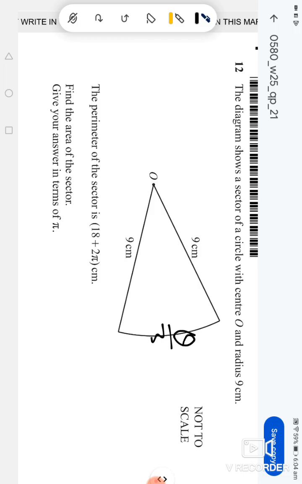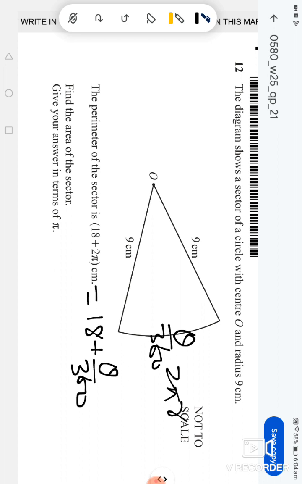Theta by 360 into 2 pi r, and then equal to 9 plus 9, 18. 18 plus theta by 360 into 2 pi into 9. R is 9. 18 both sides, so cancel that.